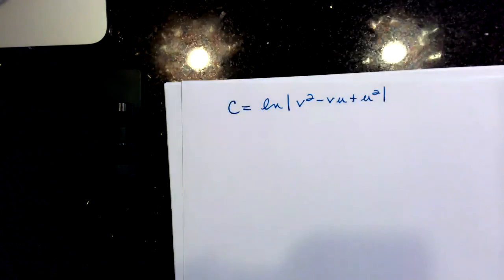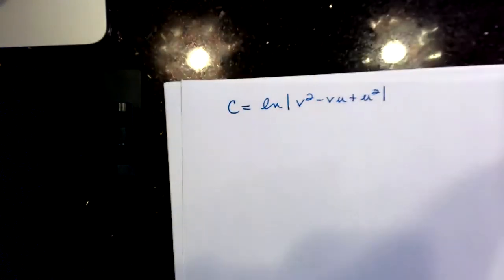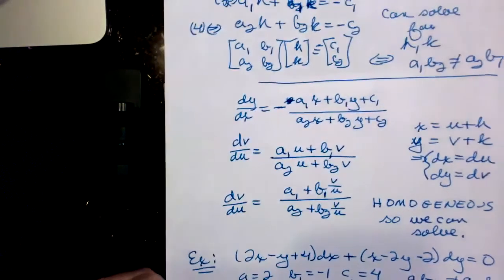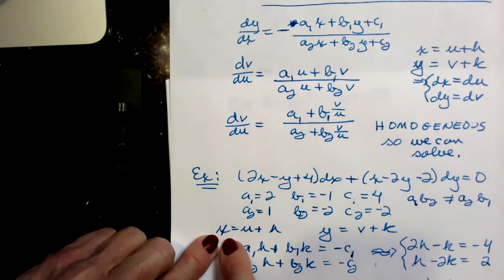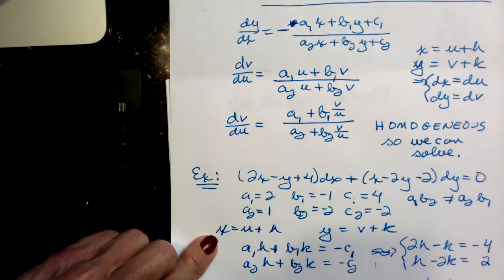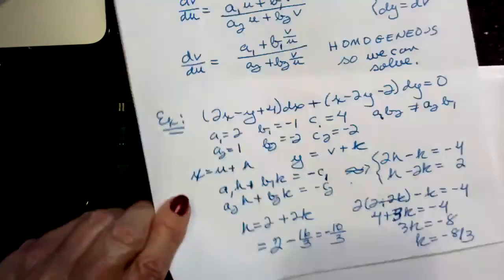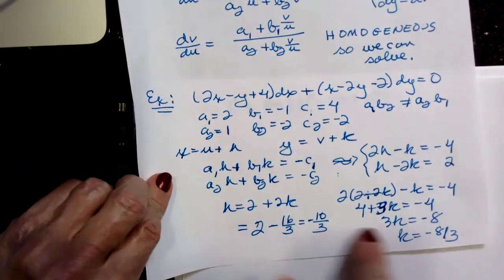Okay. All right, now let's see. We had before that U plus h is x and V plus k is y, and k is minus 8 over 3 and h is minus 10 over 3. Okay.